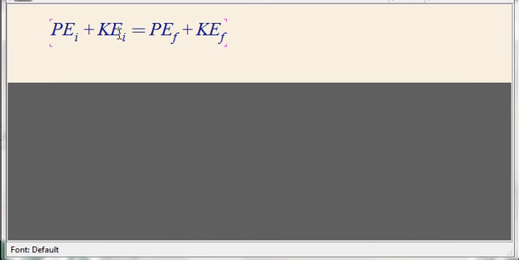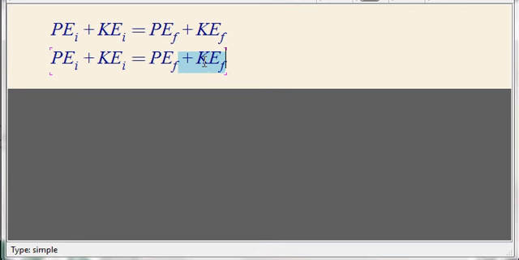And this is pretty useful for most problems. In this case, you set, as I said, the final kinetic energy equal to 0 because it's not moving there, and the initial potential is 0 because the height is initially 0.